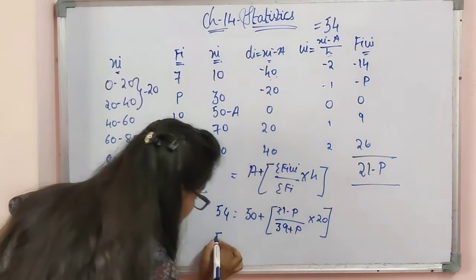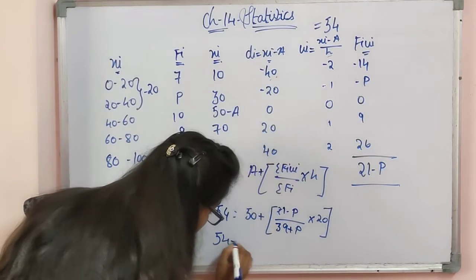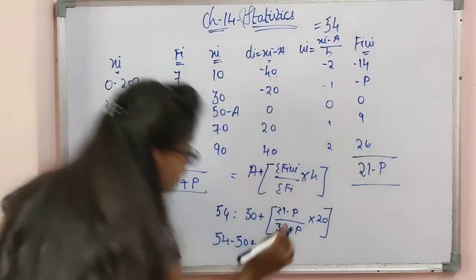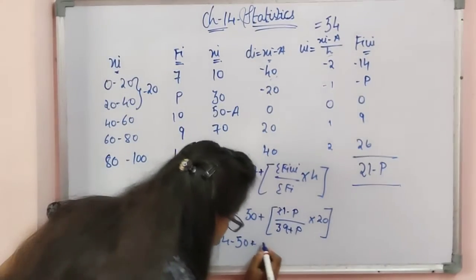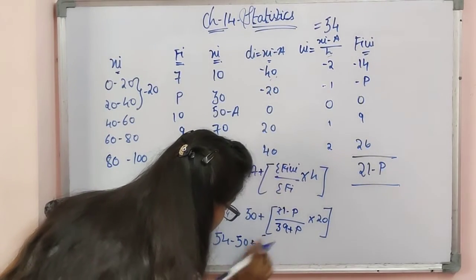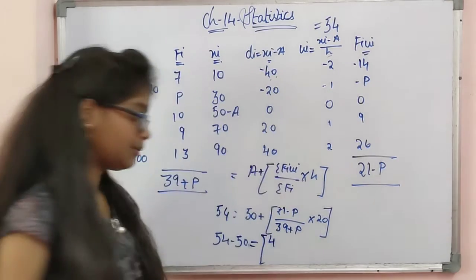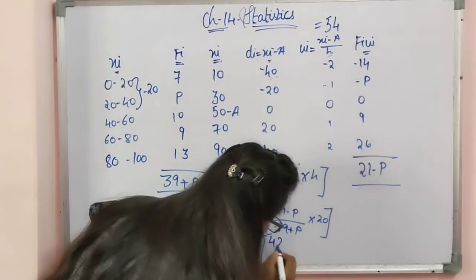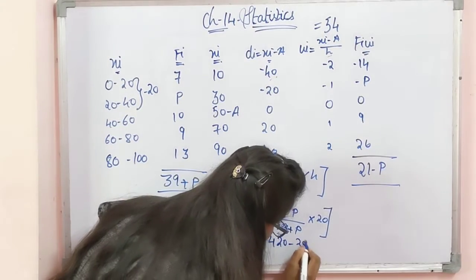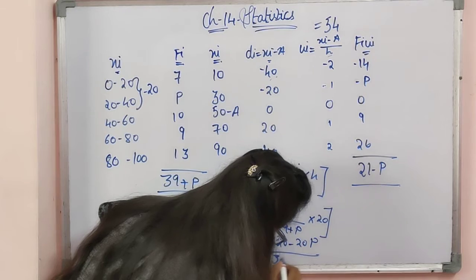Let's calculate. I am sending 54 to the other side, minus 50, and multiplying the numerator with h. When we multiply this value with this, we get 420 minus 20p by 39 plus p.